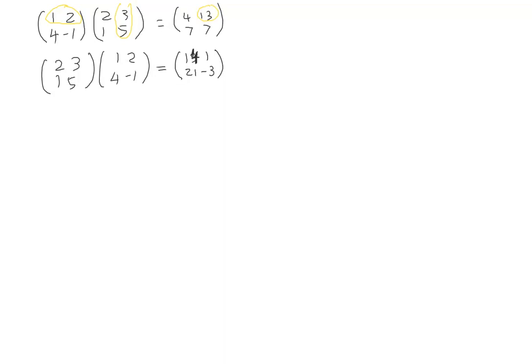Finally, I would like to introduce one more thing regarding matrices, which is the inverse of a matrix.